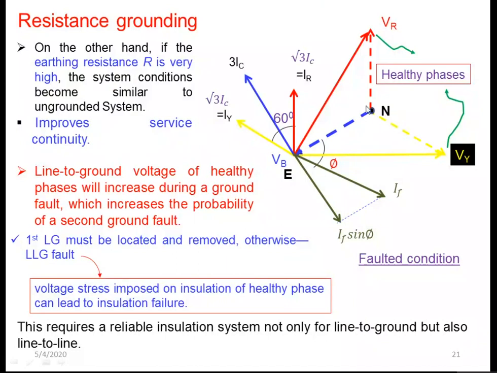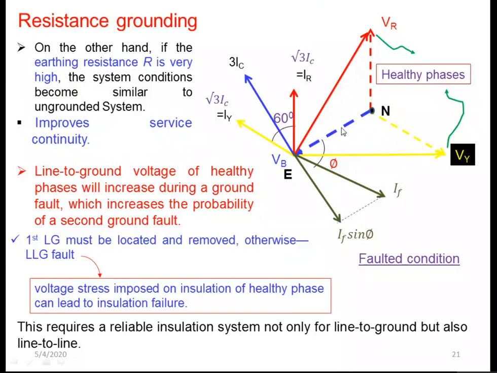But the system neutral voltage will rise from ground potential, because in a normal system this neutral voltage is the same as the ground potential. So if there is a line to ground fault for phase B, the system neutral voltage will rise from ground potential to the phase potential value.